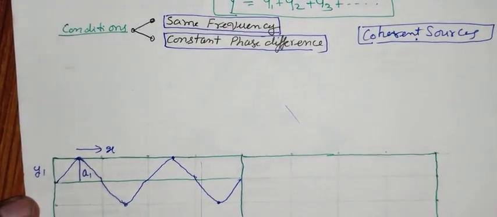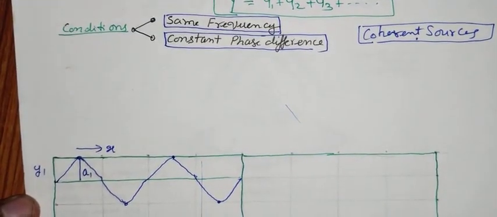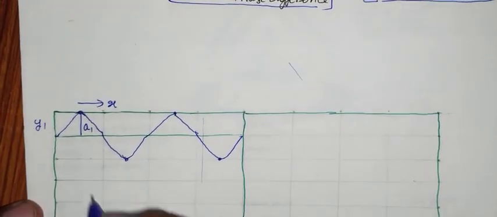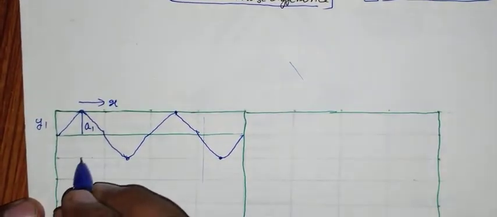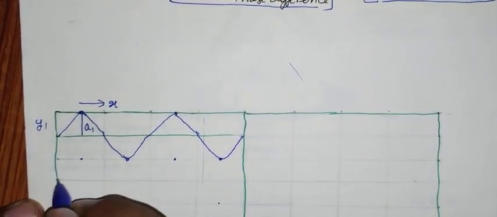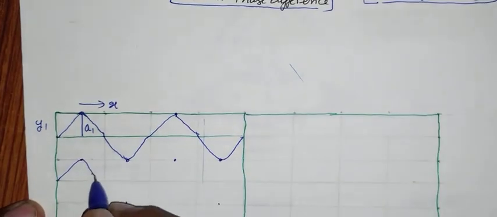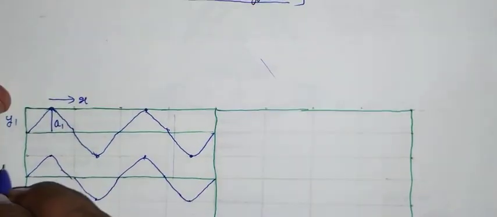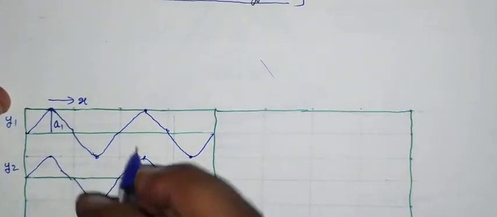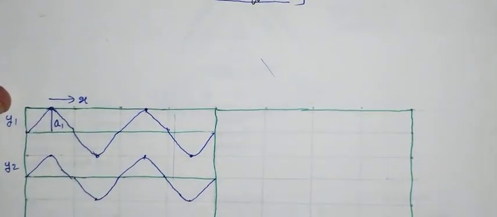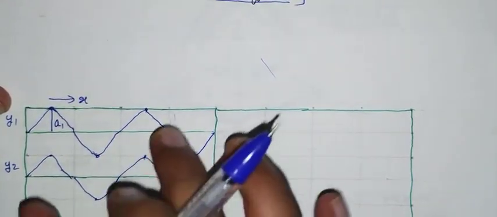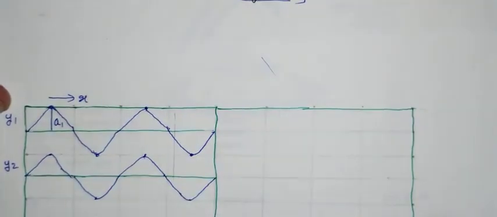This is the first wave. At the same time, the second wave is also given. The second wave y2 is traveling in the same direction as the first wave. Consider the second wave just over the first wave.